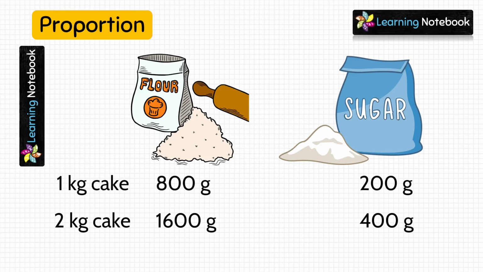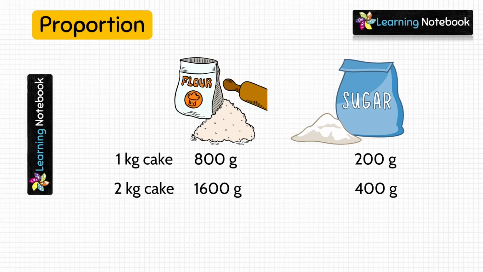Here we can use the concept of proportion to find the same. Here the ratio of cake being made is 1:2 or 1 by 2. So students, their ingredients must be in the same ratio as well.